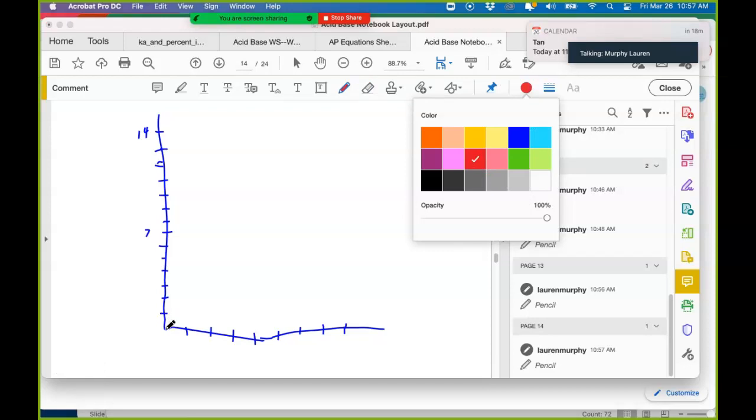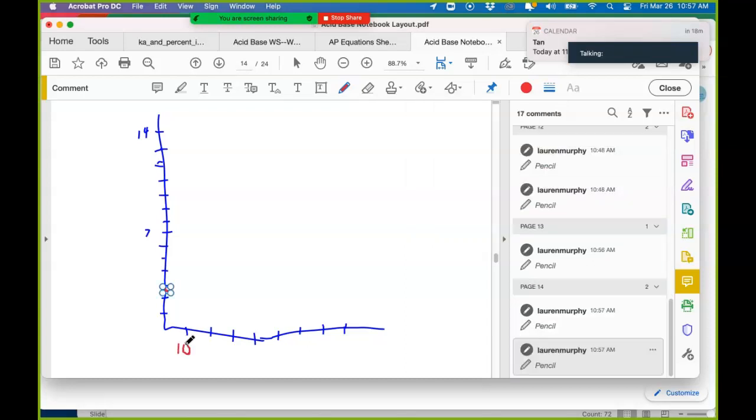So my first initial pH was 2.7 or something like that. The very beginning was 2.7. And then my next one I did at 10 milliliters.